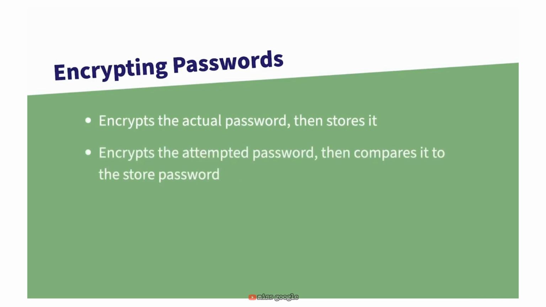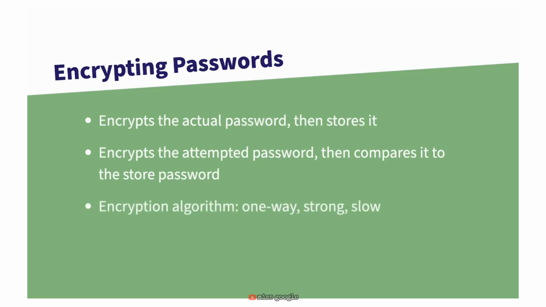Then, when a user tries to log in, we take their attempted password, we pass it into the same hashing or encryption algorithm, and we see if the output, the encrypted string that results, is the same thing as what we've stored. If the encrypted strings match, then we know that the input must have been correct. If the encrypted strings are different, then we know the input wasn't correct.